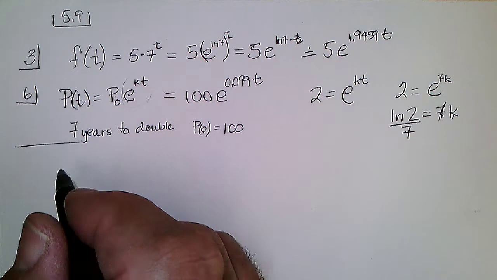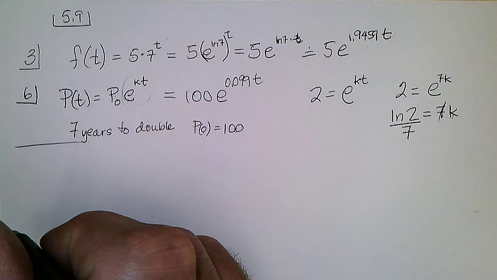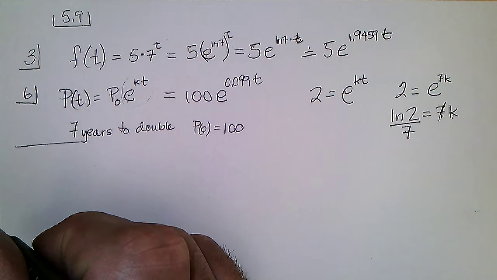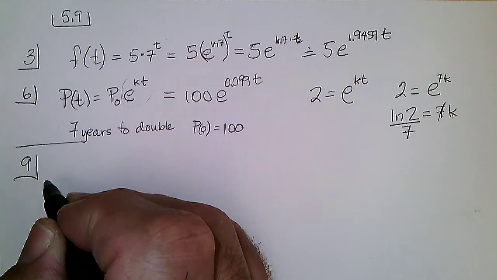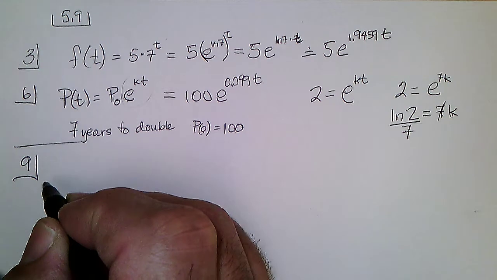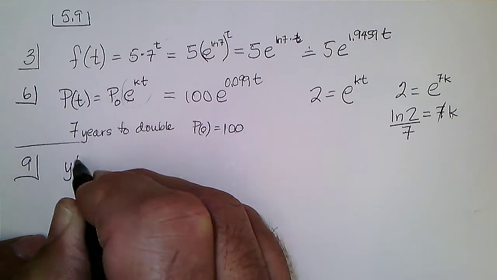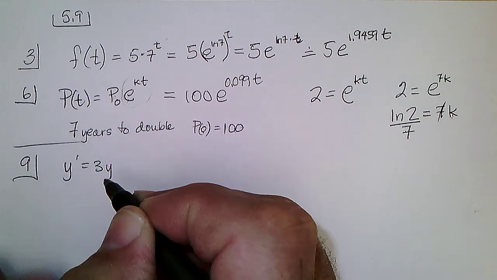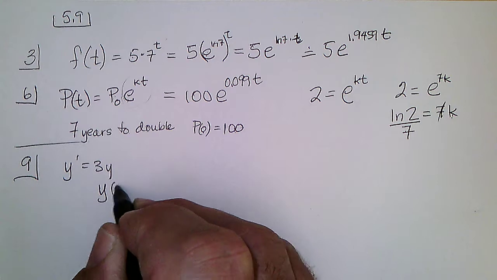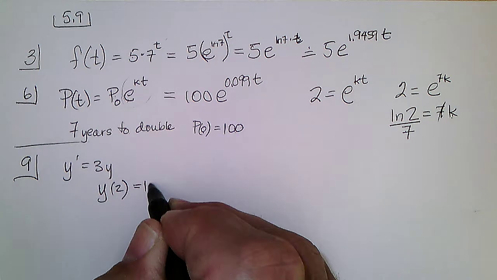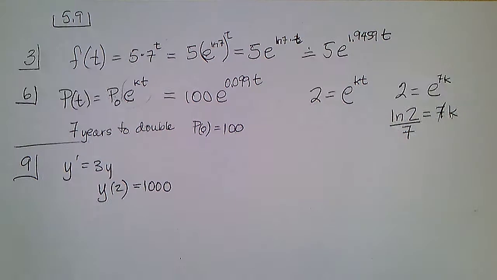Now let's do, after 6, how about 9? Nine says, find the solution to y prime equals 3y, and y of 2 equals 1,000. There are a couple of different ways to do it.